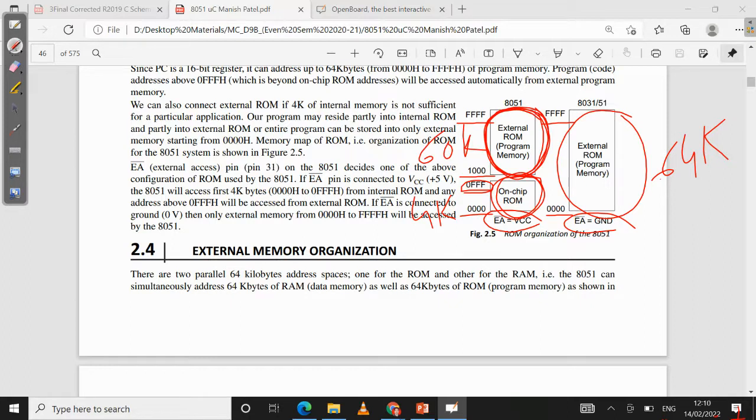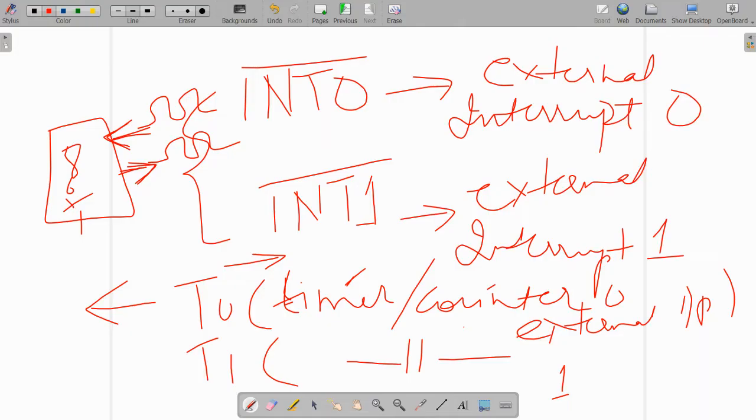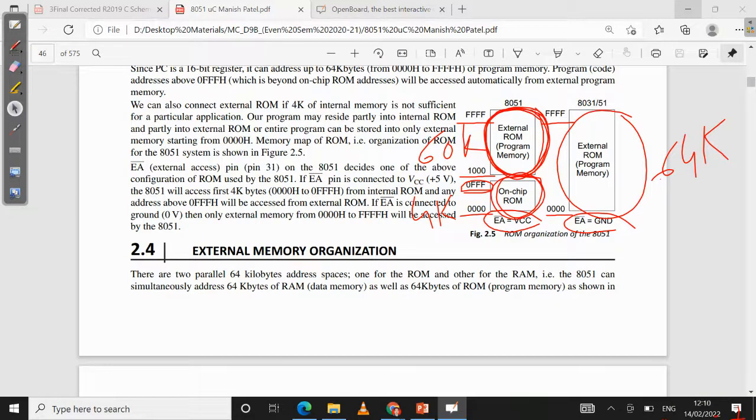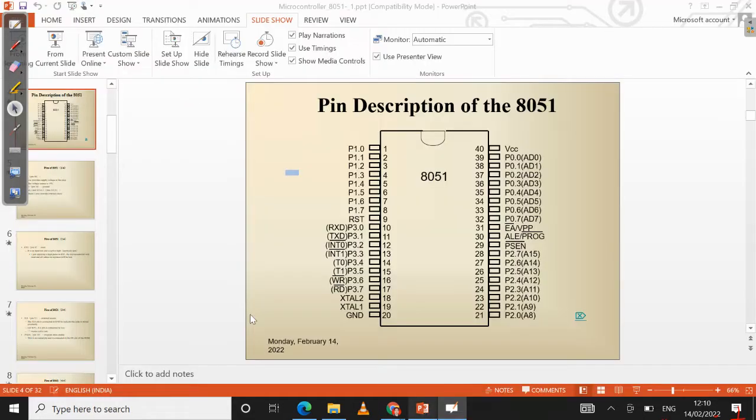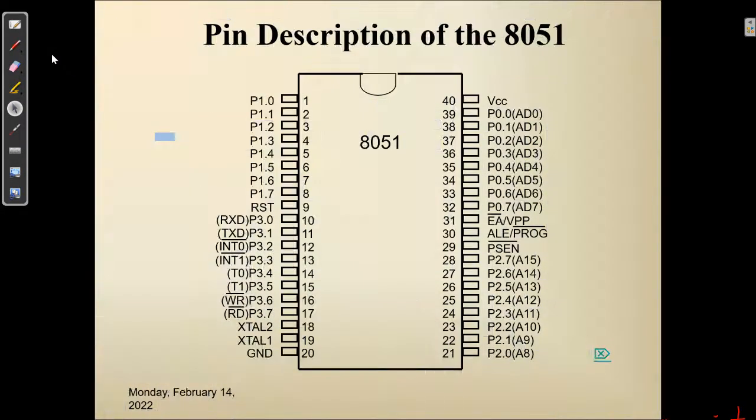Okay, so this was about your EA bar. Before I stop, in the next lecture I will be explaining you pin number 30.